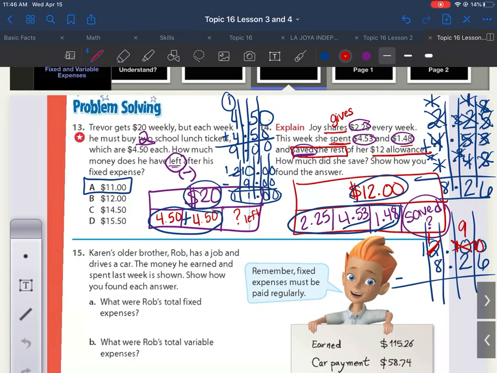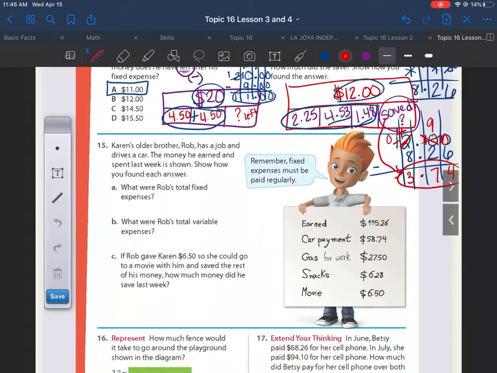The 10 becomes a 9 and the 0 becomes a 10. 10 minus 6 is 4. 9 minus 2 is 7. 1 minus 8, you cannot. So I regroup. The 1 becomes a 0 and the 1 becomes an 11. 11 minus 8 is 3. So the amount that she saved would be $3.74.